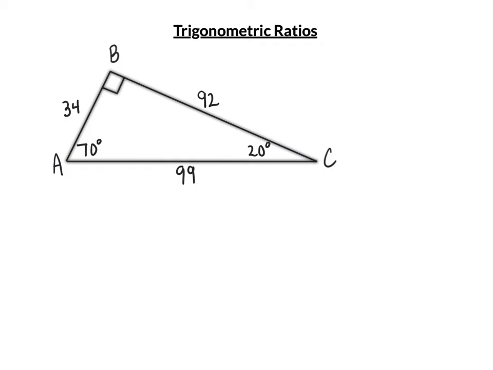Here's a triangle that's a 70, 20, 90. I measured the sides. Those are the lengths I got. I could build trig ratios using this. I know what the sine of 20 degrees is. SOHCAHTOA.